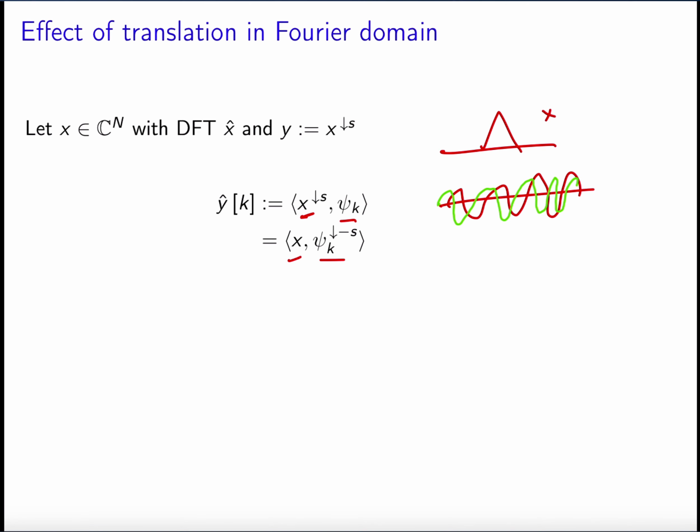Okay, you should check that you're convinced by that. Actually, we're shifting the sinusoid in the opposite direction. Okay, so we're shifting it in this direction. This is what that means.